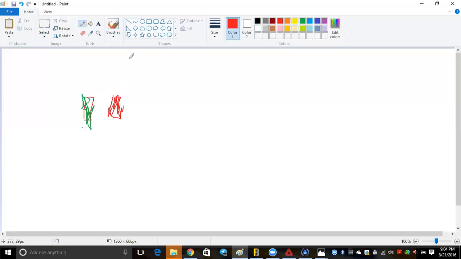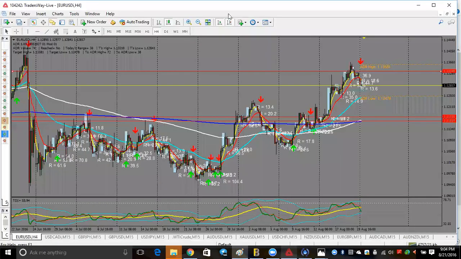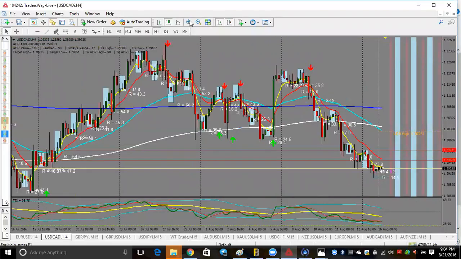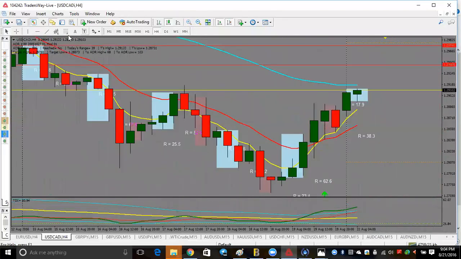So on the 4-hour chart, once these candles are closed, I want you to do this. Let's say these are the first 2 4-hour bars, this one and this one.